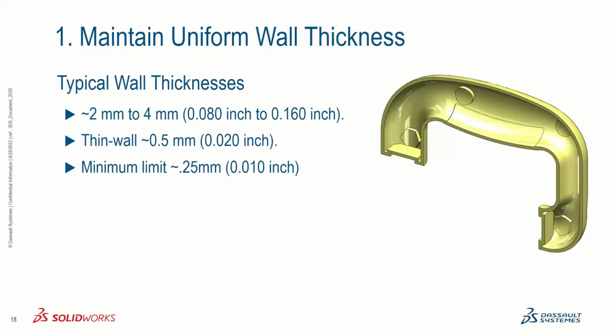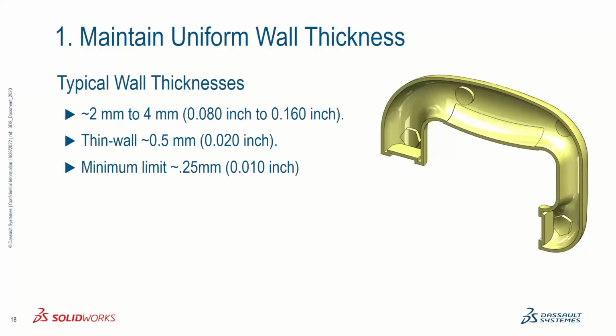Thin-walled plastic parts are typically in the 0.5 millimeter range. The thinnest you can go and still manufacture consistent parts with good quality would be around 0.25 millimeters.